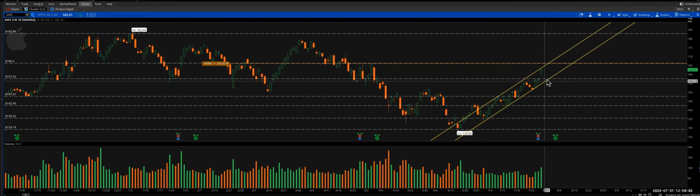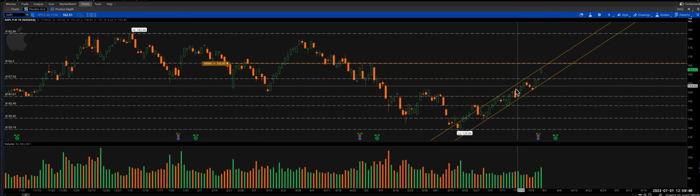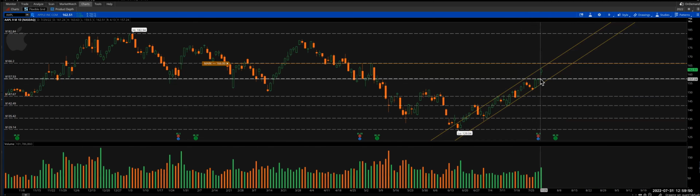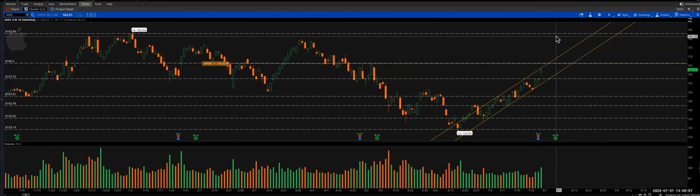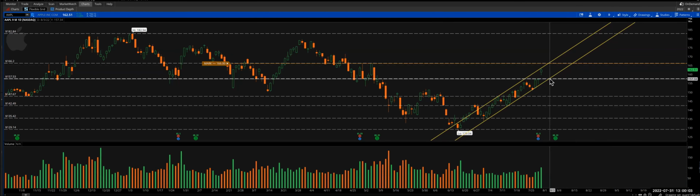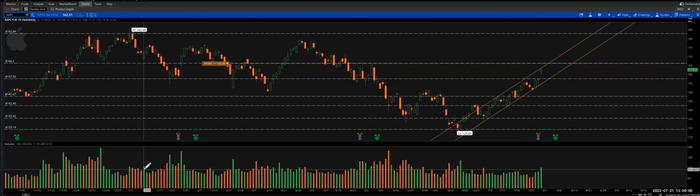So look at your channel tool, because it will tell you volatility. It'll tell you volatility mapping. It'll tell you duration, because this is trend. And it'll tell you exactly where your trap doors are to the upside if it breaks out, and your trap doors to the downside.